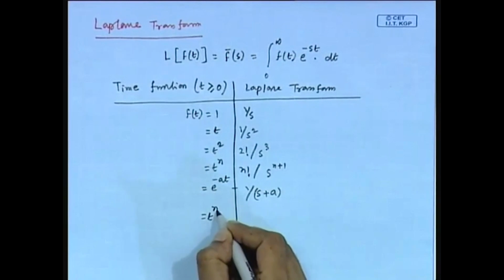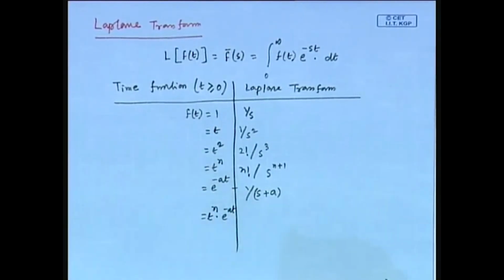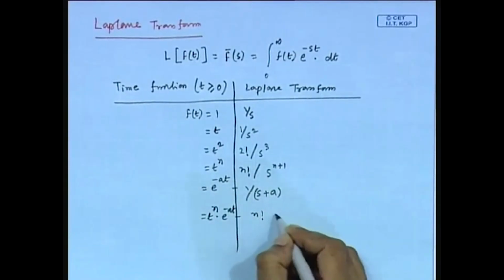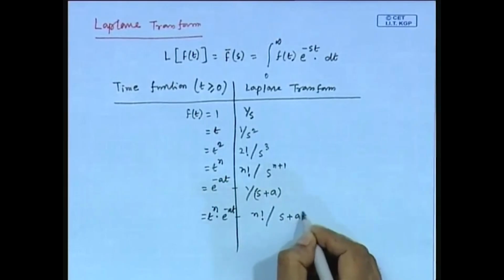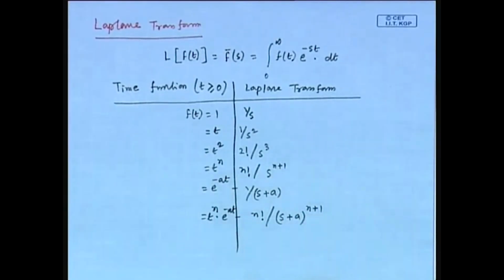This is t to the power n e to the power minus at. Laplace transform is factorial n divided by s plus a whole to the power n plus 1.